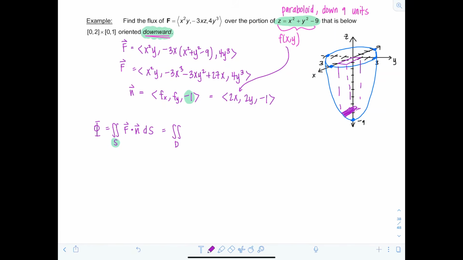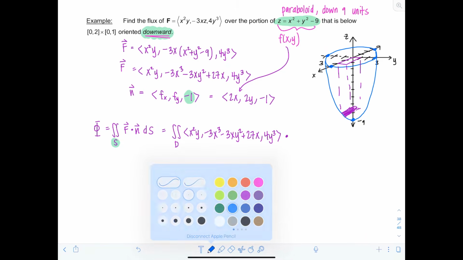I'm going to replace F now with x squared y, negative 3x cubed minus 3xy squared, plus 27x, and then 4y cubed, and then I'm going to dot that with n, which needs to be a unit normal vector.